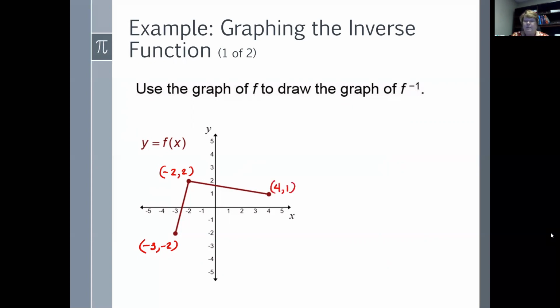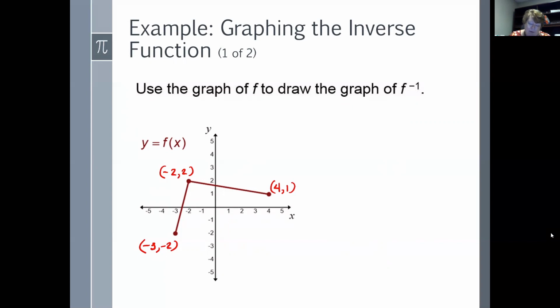So how do we graph the inverse? We graph the inverse by interchanging the x and y components in the ordered pair and then graphing those points. So if my first point is -3, -2, if I interchange those two components, I get -2, -3. That will be a point on the inverse of this function.